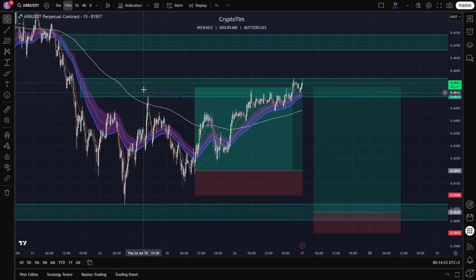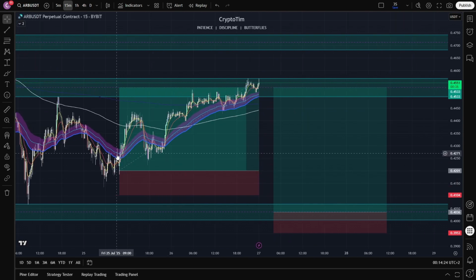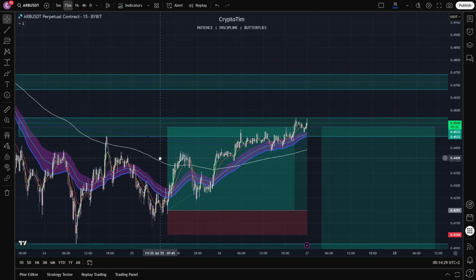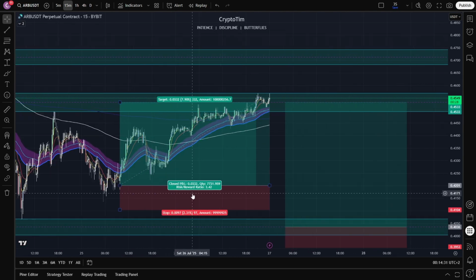So now what do we see here in hindsight? We can see we did get the entry a bit lower than we originally charted. From there we pretty much had a very impulsive reaction up.